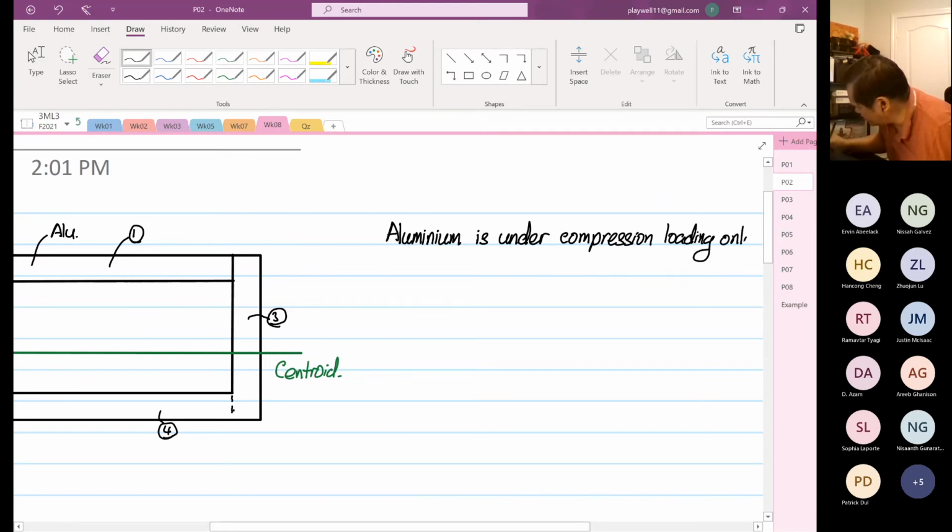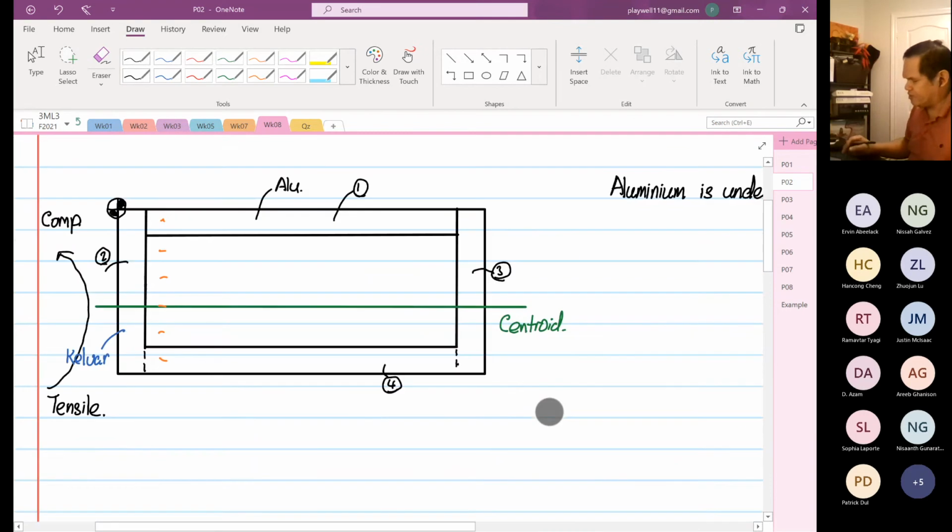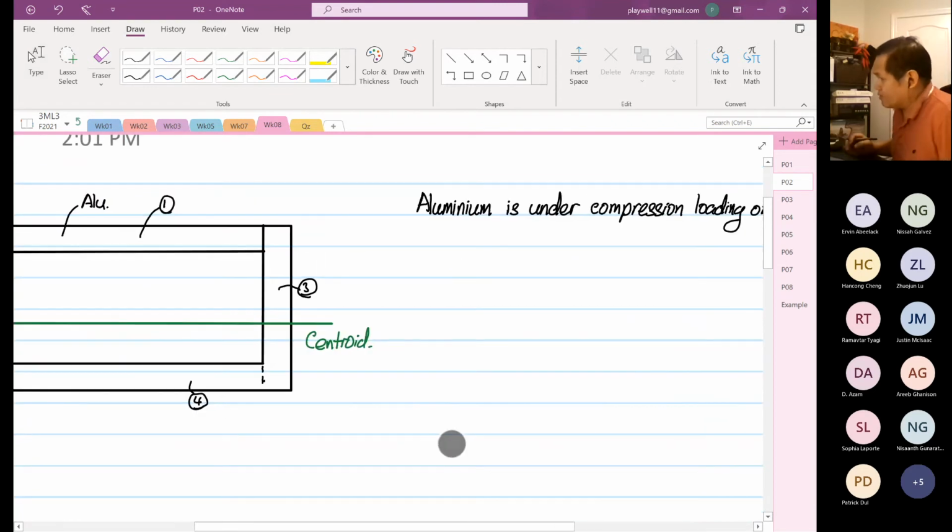Right? It will not see any side of the tensile because the tensile has to be below the centroid. So it's all under the compression mode. Okay. So from here we can write this and the maximum will occur at the point that I'm circling now.